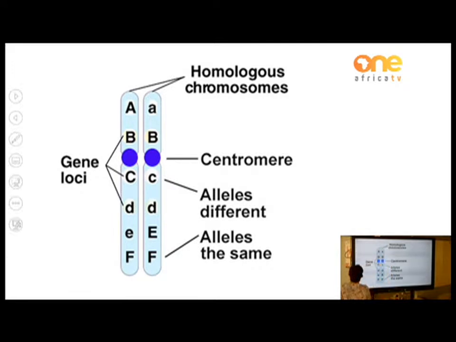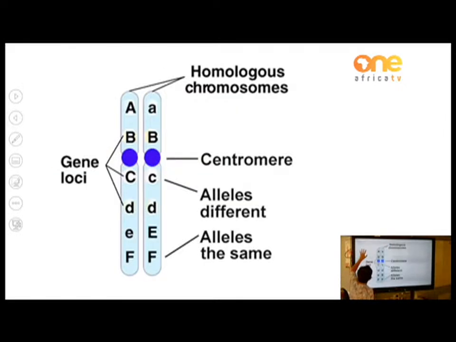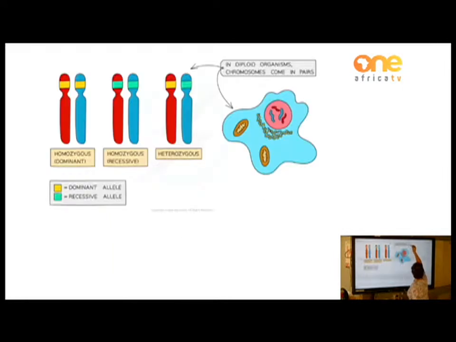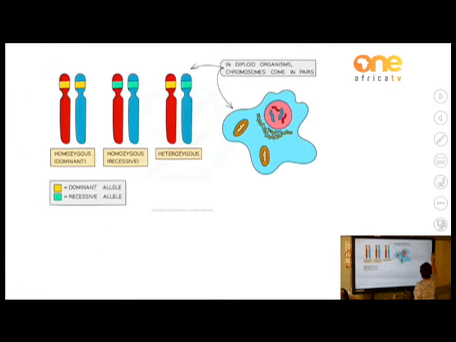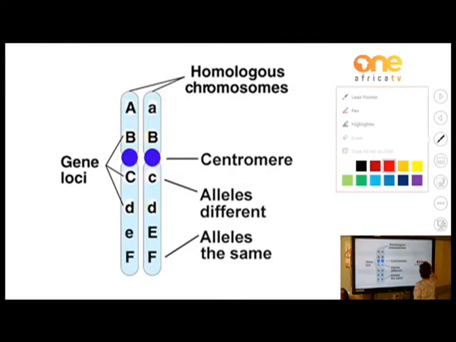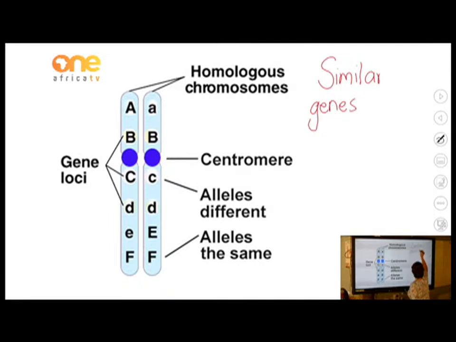With this we mean that these two are similar. And I want to use that word similar. These two are similar because they have the genes for the same characteristics.